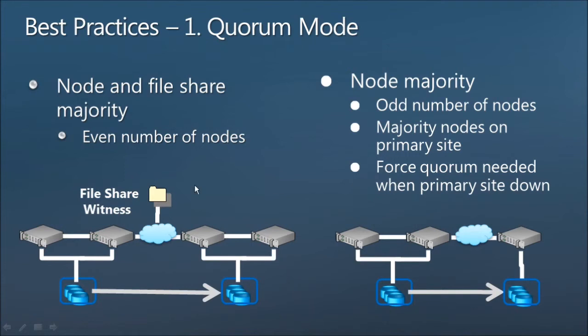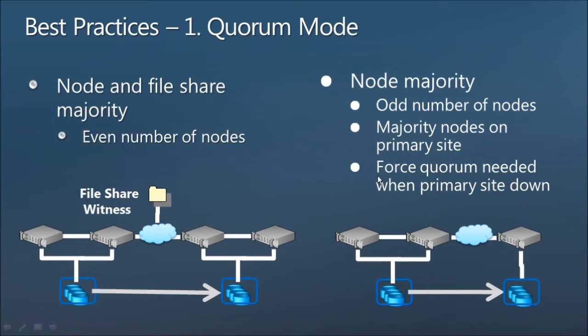You should set up a file share here so that you can have 5 votes in total. In this way, when the local data center is down, you still have 3 votes: 1 vote from the file share witness and another 2 votes from the remote data center's 2 nodes. So you can still keep your quorum for your cluster.